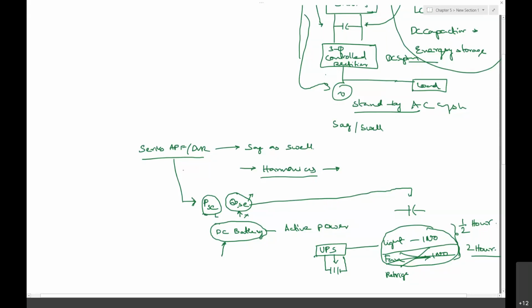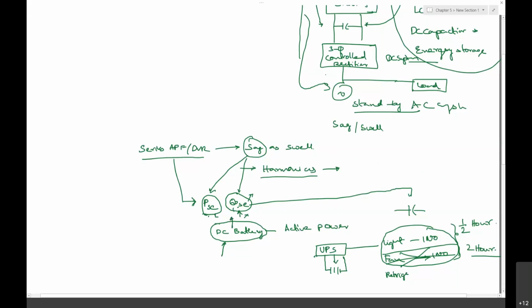See, during the operation of the series active power filter, to improve the voltage sag, it is injecting the real power as well as the reactive power. The reactive power injection by the series active power filter will not have an influence on the energy storage, because the reactive power won't dry out the battery completely.